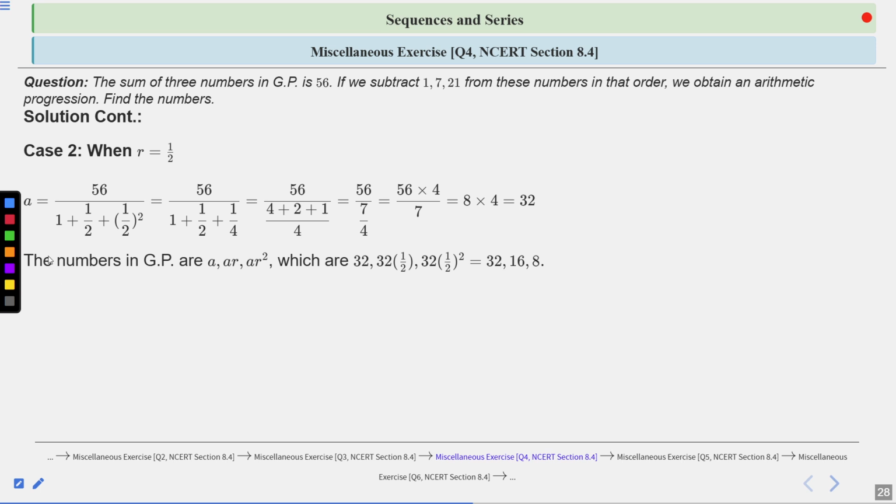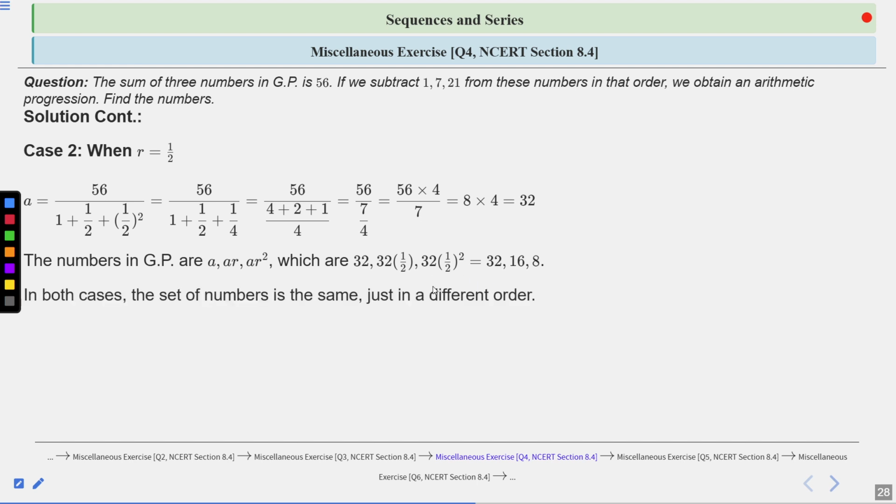Then the numbers in geometric progression. In this case 2, when r equal to 1 by 2, a equal to 32, the three numbers in geometric progression are a, ar, ar square, which are 32, 32 into 1 by 2, 32 into 1 by 2 square, equal to 32, 16, 8.